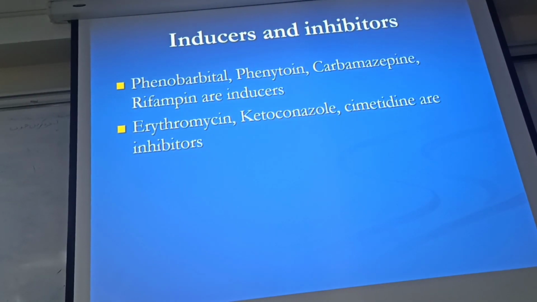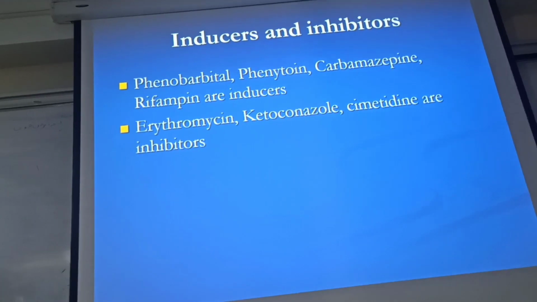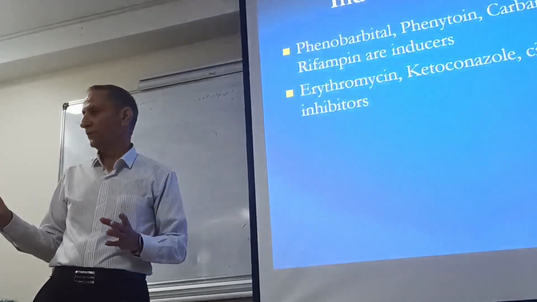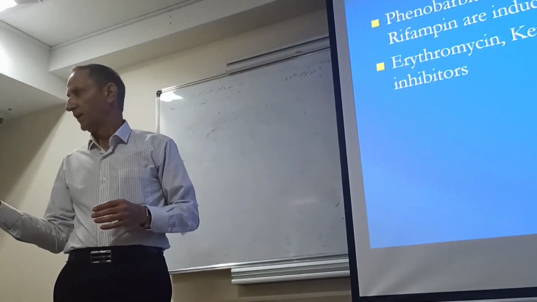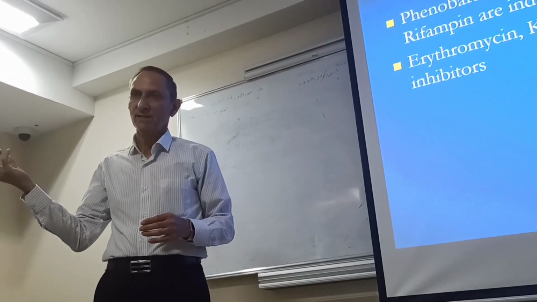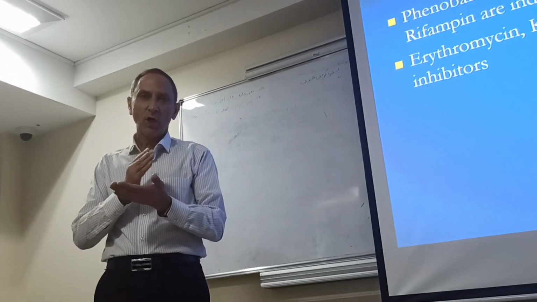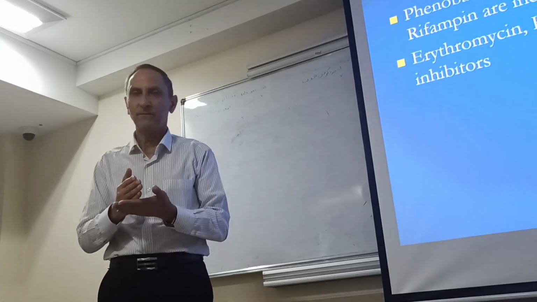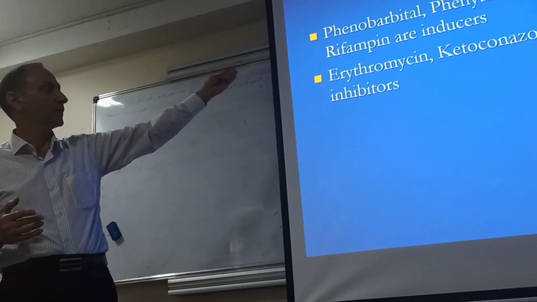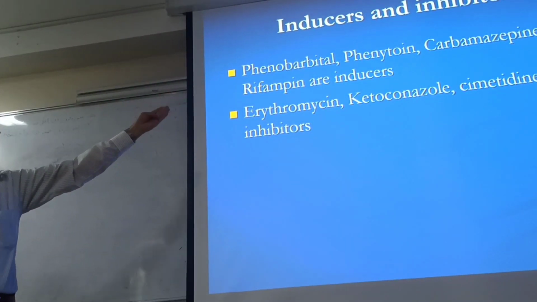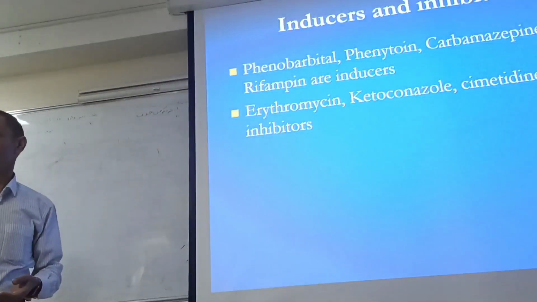Some drugs can induce cytochrome P450. Cytochrome P450 is a protein, and its amount is under the control of genes. So, drugs may induce cytochrome P450. Here we have some examples. Phenobarbital, phenytoin, carbamazepine, rifampin are inducers.